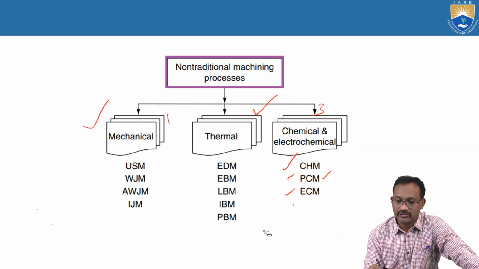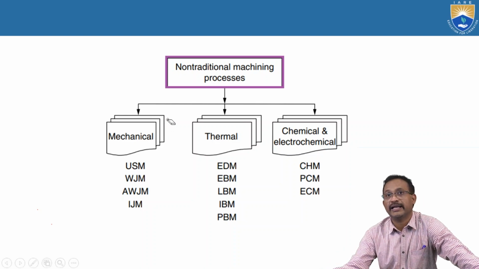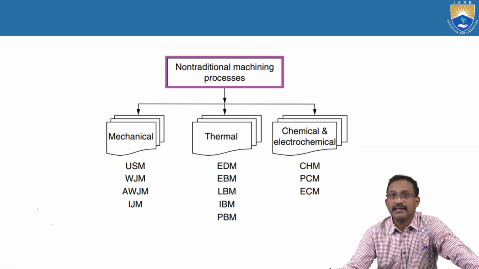Before we go to the next slide, let us summarize the three different approaches: mechanical, thermal, and chemical and electrochemical. Mechanical non-traditional machining is due to mechanical forces, that means striking something against the workpiece so that material removal takes place.